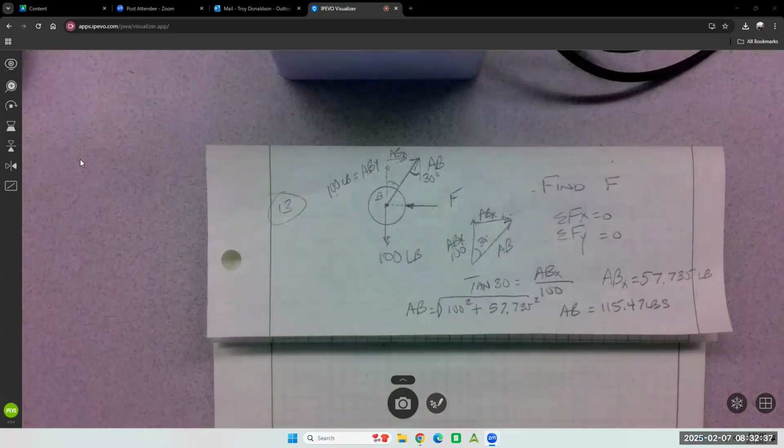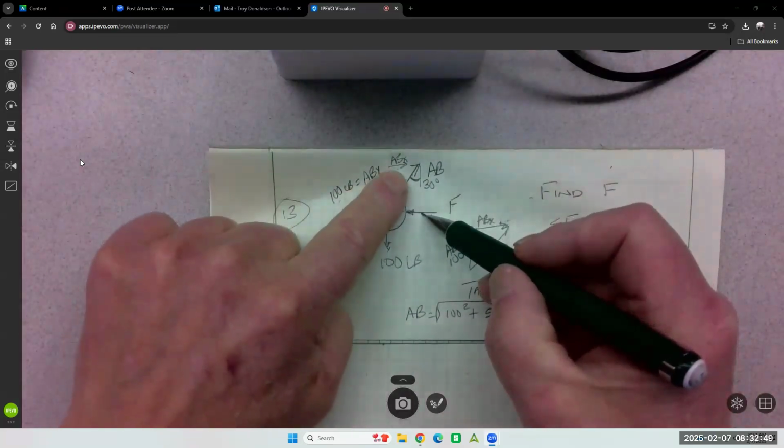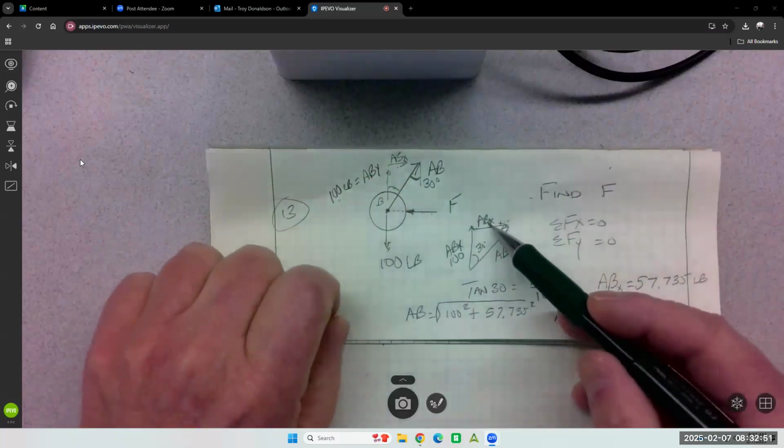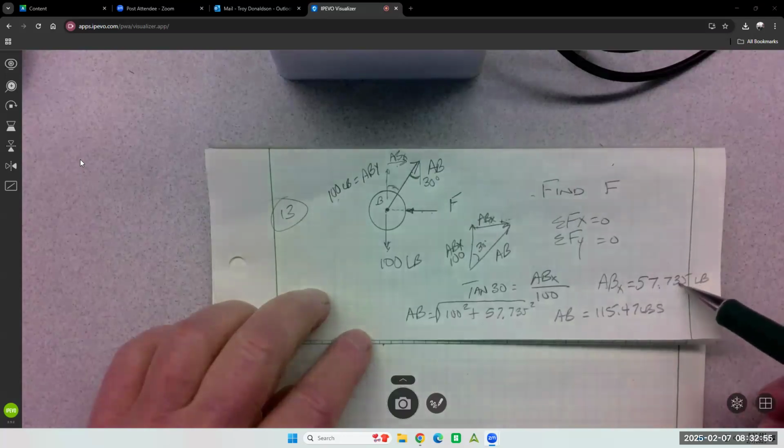And what's F equal? Yeah, 57.735. There's only two forces in the X. There is this one and this X component, which we found right here, 57.735.